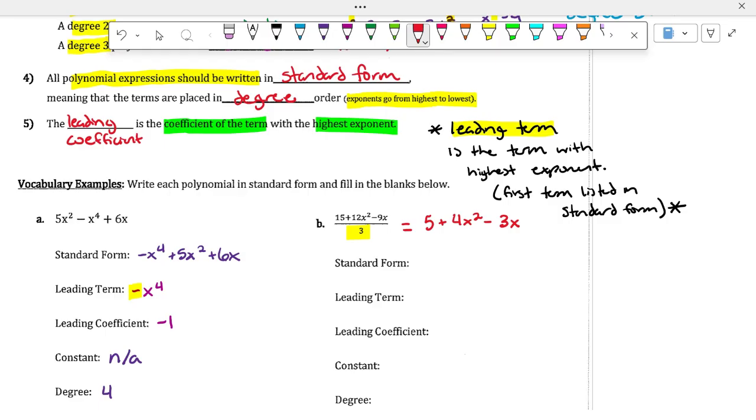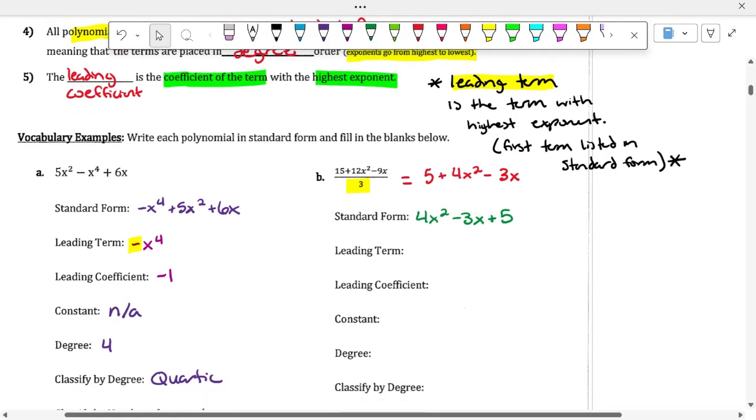All right, so is this polynomial already in standard form? Yes or no? No. So if I were to put it in standard form, which term comes first? 4x squared, followed by negative 3x, followed by plus 5. Now that we have it in standard form, it's really easy to see the rest of the classifications.